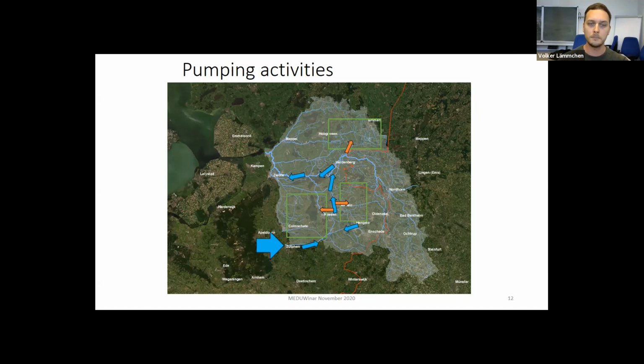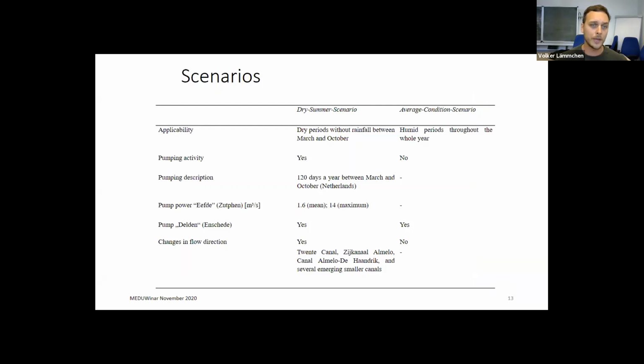And this is a problem because, as I said, the GREAT-ER model normally has to build annual averages. And obviously, this is not possible for the Vecht. So we had to think about how we could handle this.